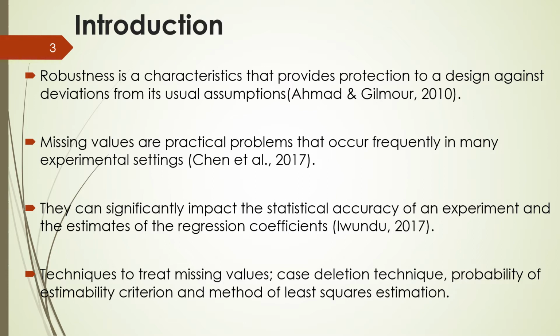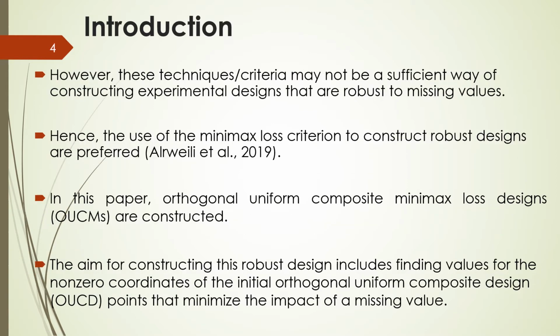Different researchers have developed techniques or criteria to treat these missing values, some of which include the case deletion technique, which consists of deleting the variables with the missing data and then analyzing the remaining data.